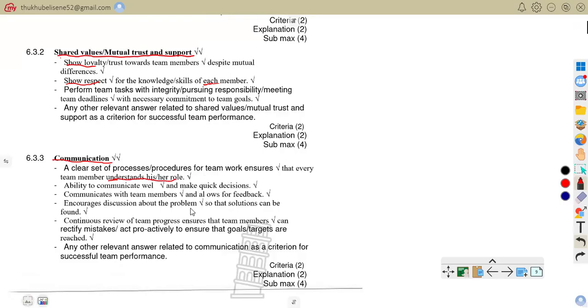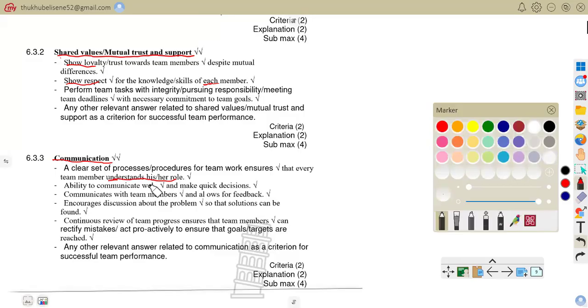That's what it means. The roles are to be communicated clearly so that the team members will be able to know what their responsibilities are.